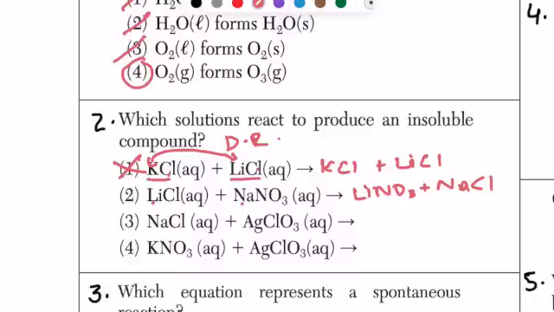Chlorides or halides in general are soluble unless they combine with silver, lead, or mercury, which is not happening here, so this one is soluble. The nitrates are in general soluble as well, and there are absolutely no exceptions to that, so this is also soluble.